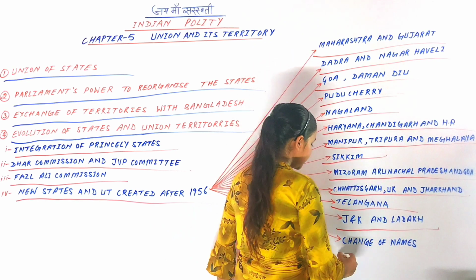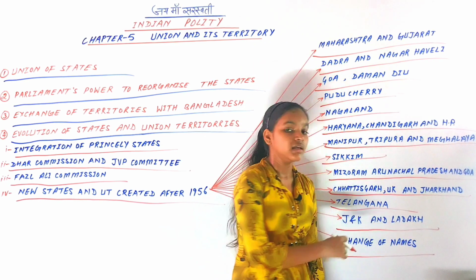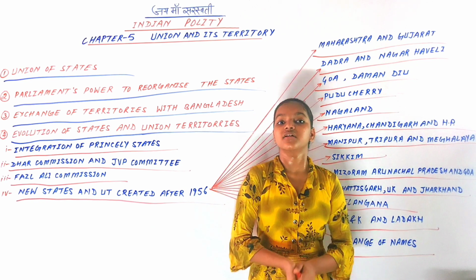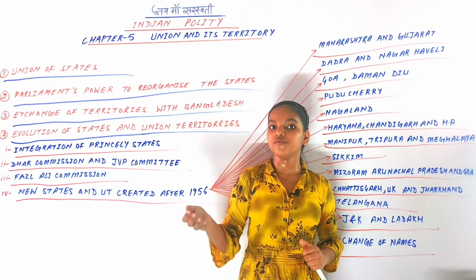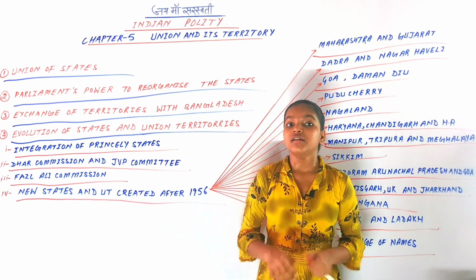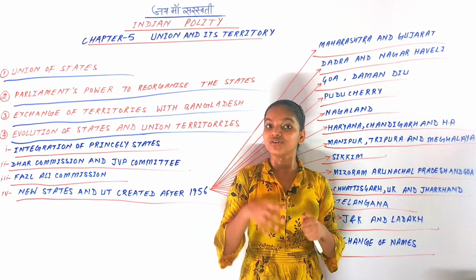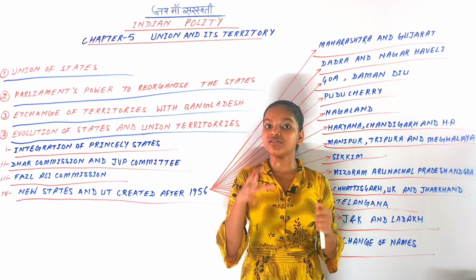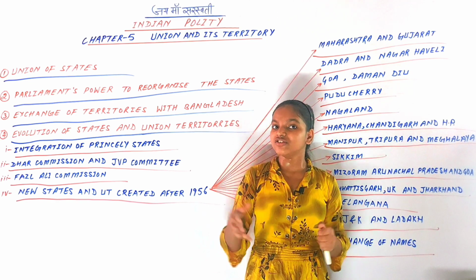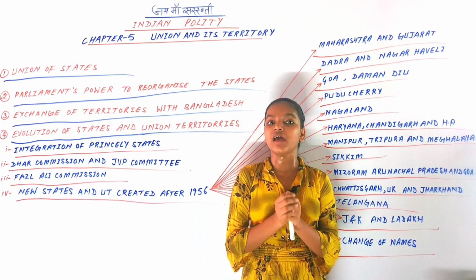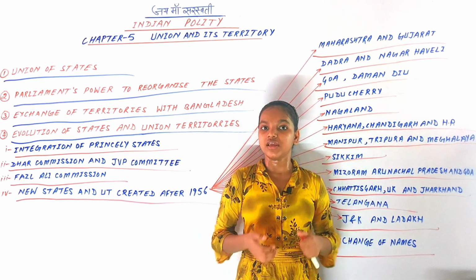So next is change of names. From 1956 to the present 2021, there have been changes in the names of states and union territories, you have to remember. The first state to change its name was United Provinces, which was renamed Uttar Pradesh.